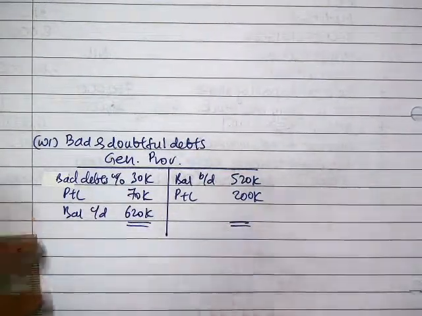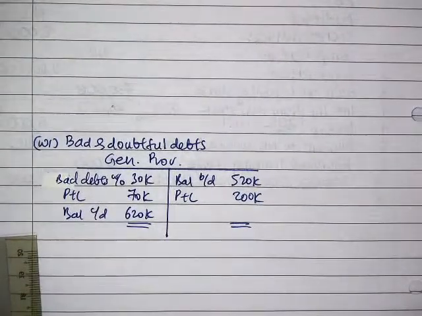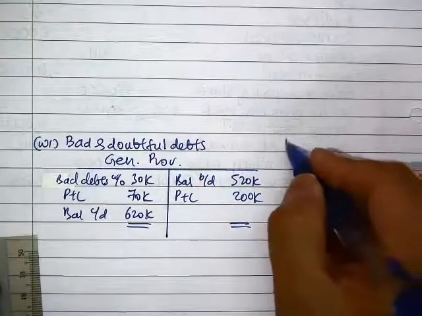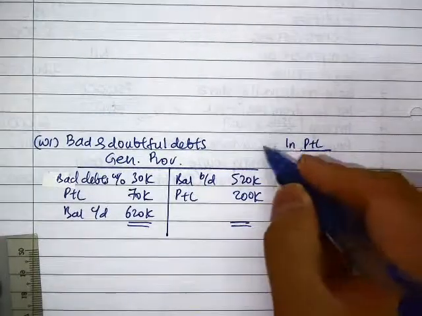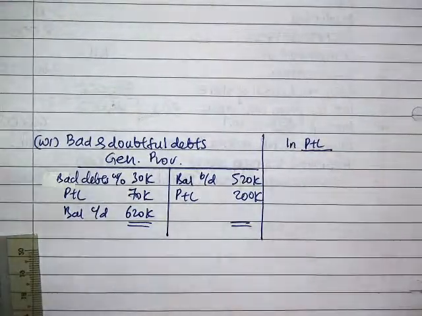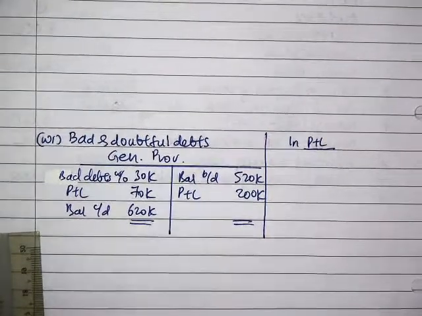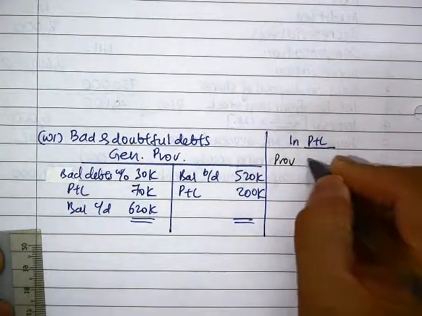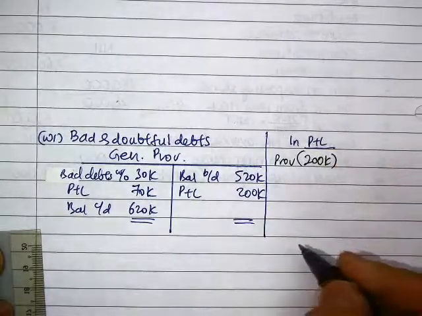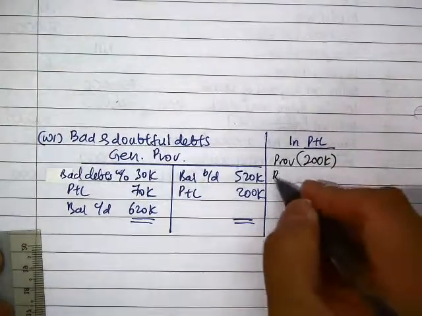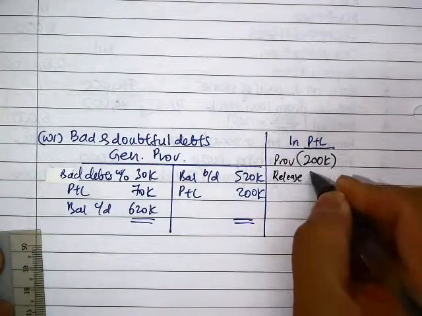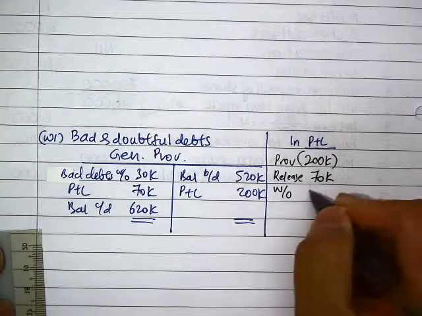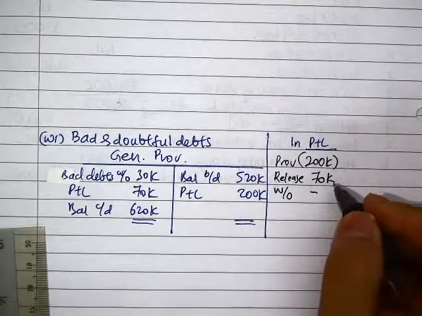Now this is the provision account to reconcile. That's why in the P&L, it's clear that we made a provision 200, we release a provision 70, bad debt written off never goes to P&L.